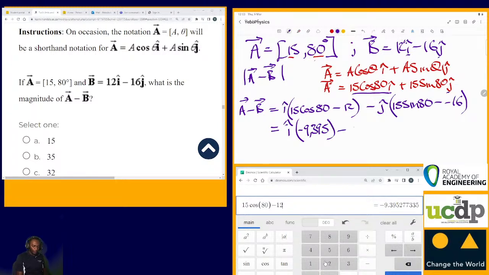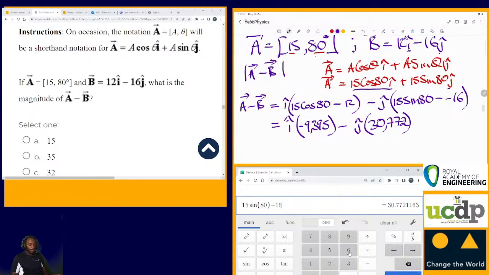Then we're going to have our 15 sine 80 plus 16. So we'll get 30.77. Okay.